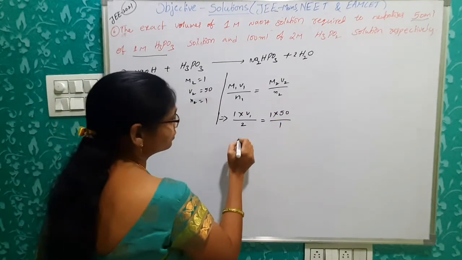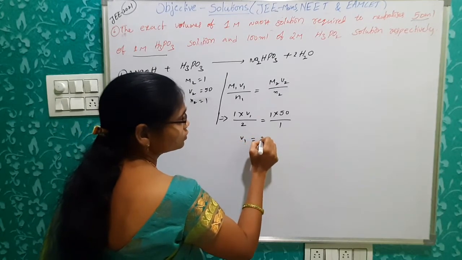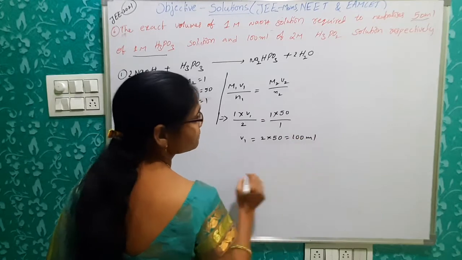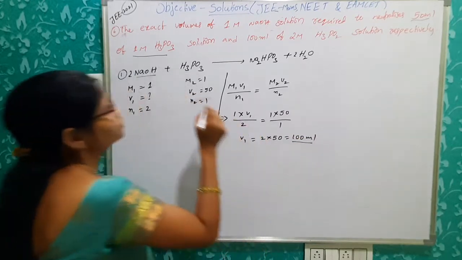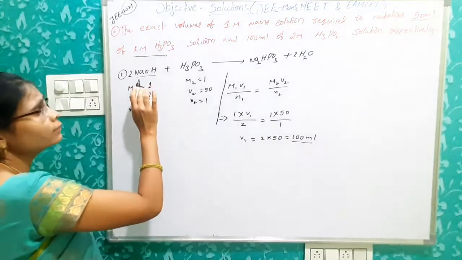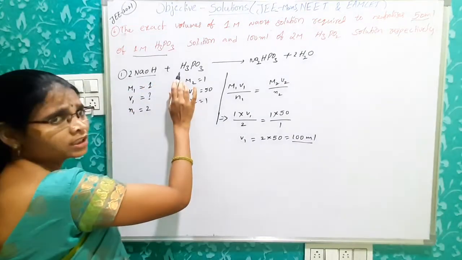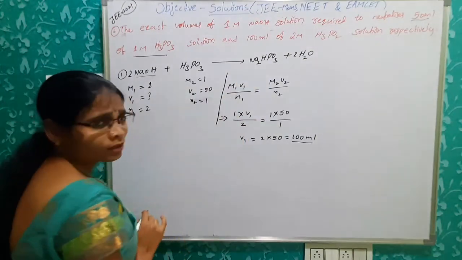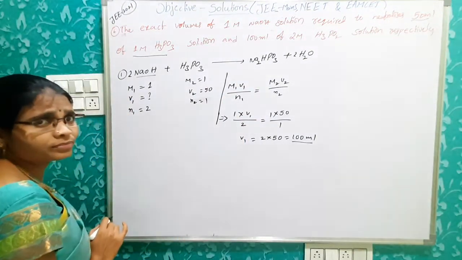Okay. Simply we will get V1 is equals to 2 into 50, that is equals to 100 ml. Okay. So for this reaction, 100 ml of NaOH reacts with the H3PO3, to give sodium hydrogen phosphate.